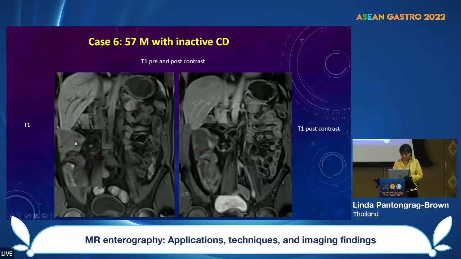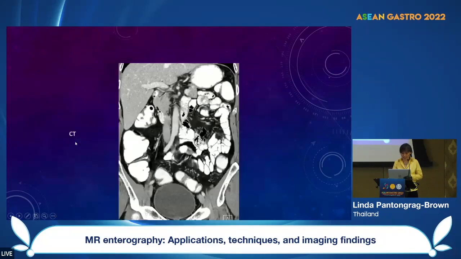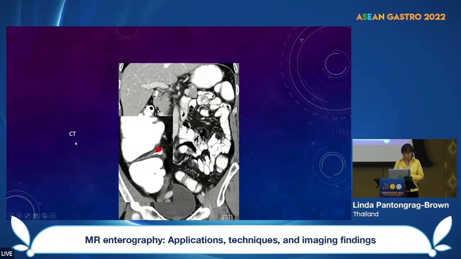And when you give contrast, it's around here. It's hard to see, but it's a thin line of fat deposition around the previous inflammation. This is CT. See, CT is easier to see than MR. This is CT of the same patient, and you can see fat, the black line along the contrast that fills the lumen.